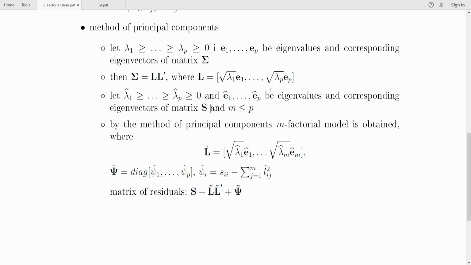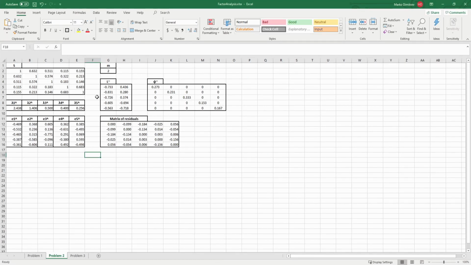Let's see how that will look. Eigenvalues and eigenvectors of our sample covariance matrix can be computed in R in this case. What we get, ordered, are the eigenvalues and our eigenvectors. We said that we will have hat notation when we take the sample covariance matrix instead of the population covariance matrix. And those are our vectors in columns.